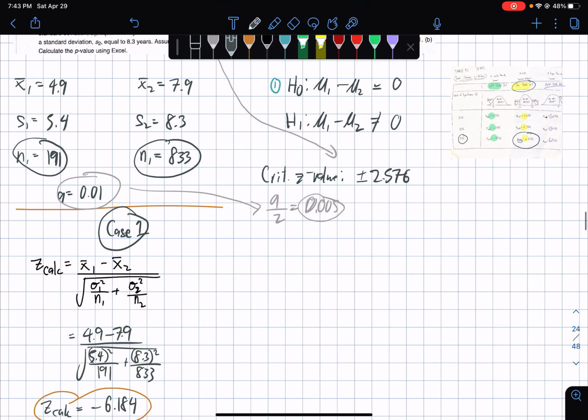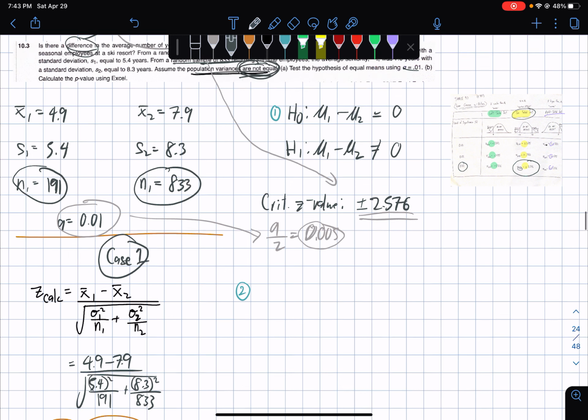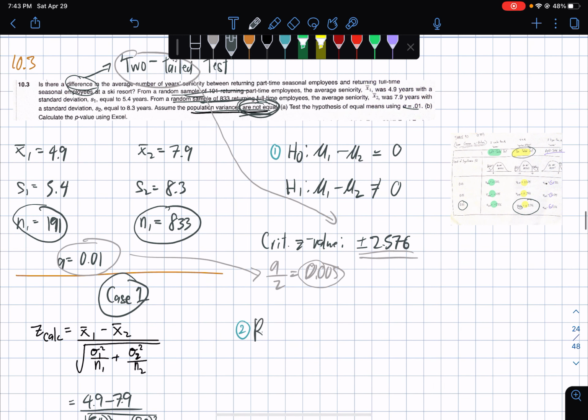Back to the solution. Now that we know the critical z value, let's look for the statement. So reject H0 if zcalc is less than negative 2.576 or zcalc is greater than positive 2.576.